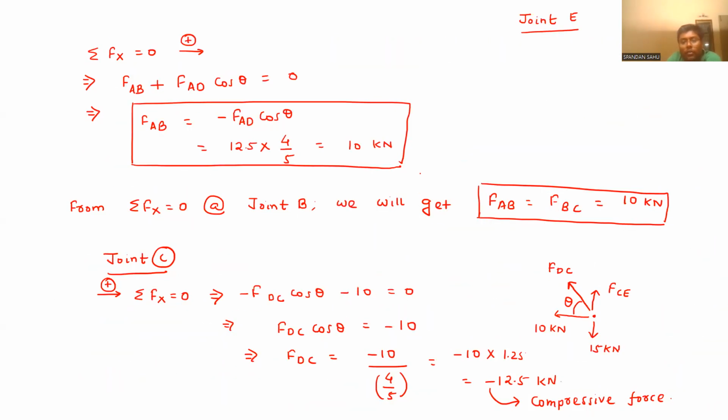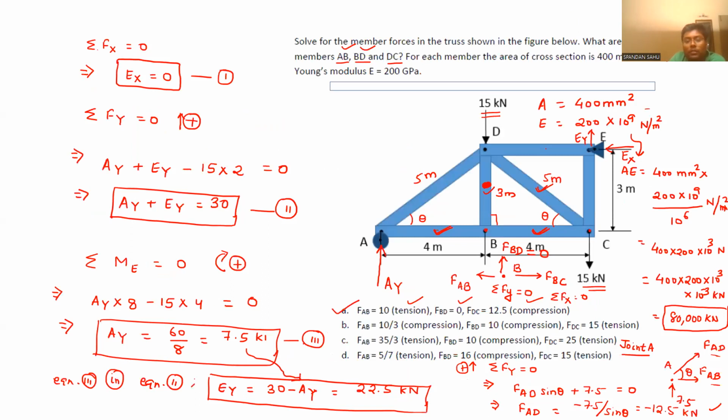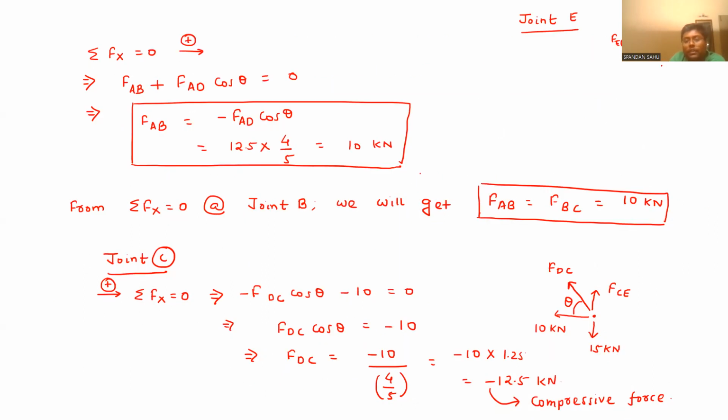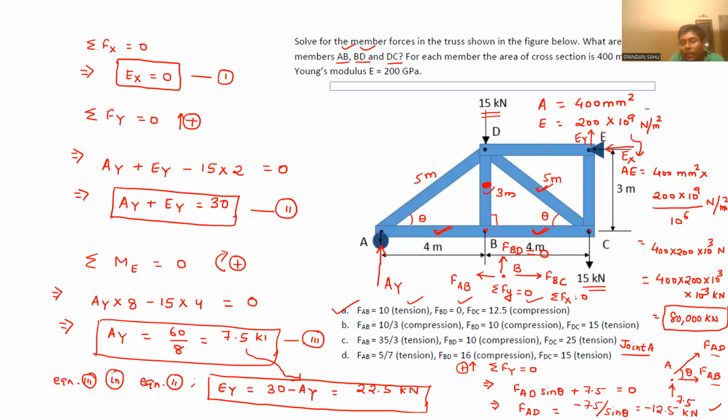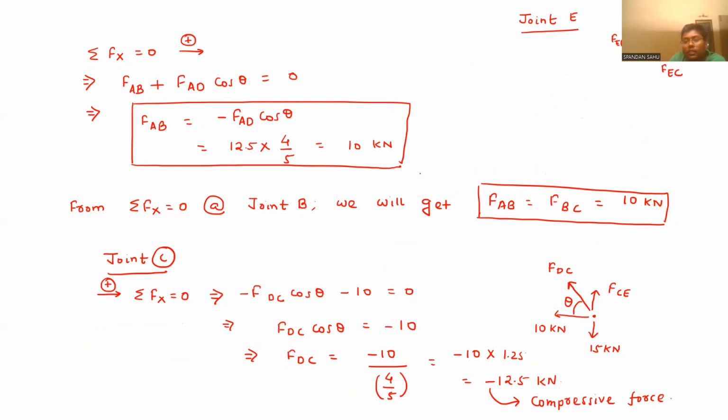and here we have EX, which is 0, FED is the member force, FCE is another member connected. The member force will be FCE, and EY. EY is upward.